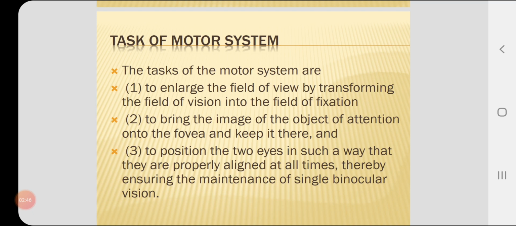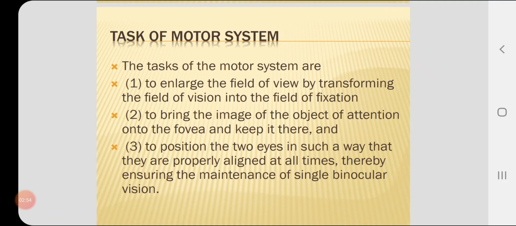Fixation means whenever you fixate on an object, you are trying to track that object. If the object is moving, you are trying to track it, so you need to move your eyeballs.